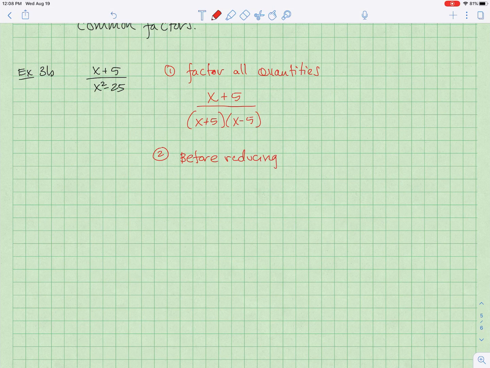Before reducing, state the variable restrictions.